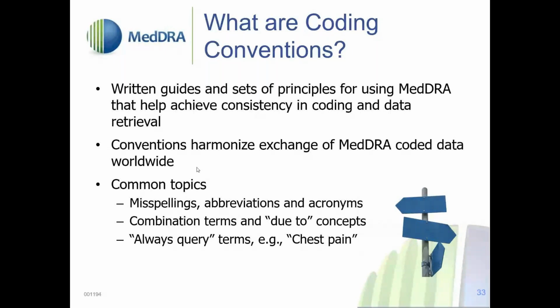But you may also want to query reports of an unspecified infarction, necrosis, occlusion, etc., in order to find out the affected anatomical site, because you find these PTs in MedDRA, but these could relate to very serious, severe conditions. So you would really like to find out the affected anatomical site for these conditions.